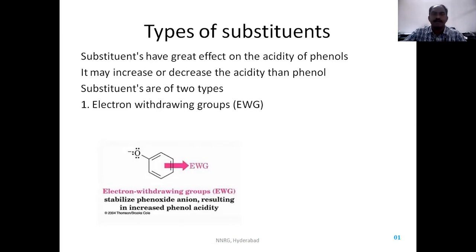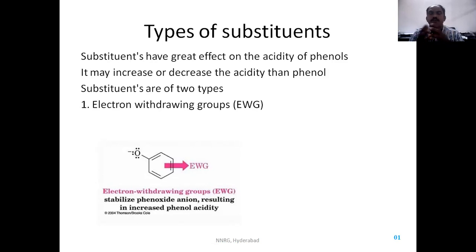One is electron withdrawing groups, which withdraw the electron cloud from the aromatic nucleus. Here this EWG, the electron withdrawing group, will pull the electron cloud from the aromatic nucleus and in turn from oxygen.